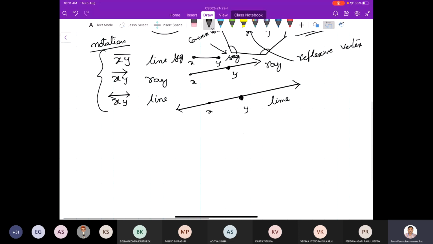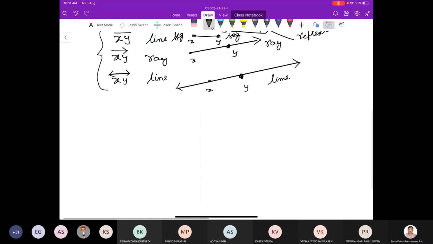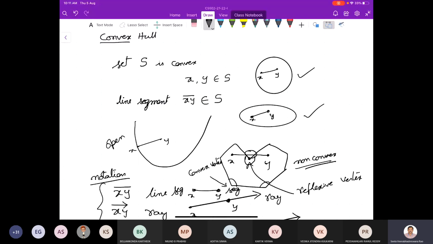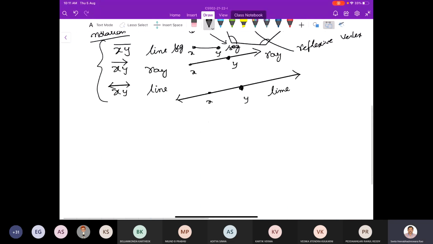Okay. Now we have given one definition of the convex object or convex set. Now we will look at other possible definitions. This is the first definition, now the second definition. Suppose X and Y are 2 points, or maybe I'll change it to P1 and P2.